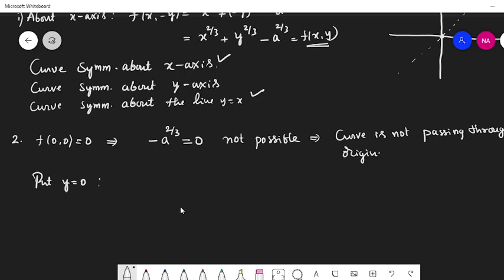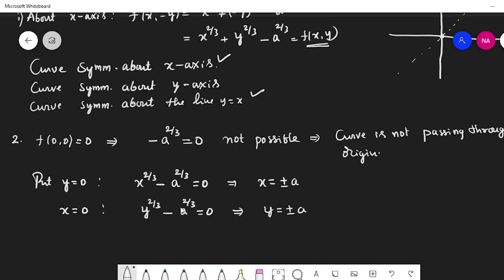If you put y equal to 0, then you get x power 2 by 3 minus a power 2 by 3 equal to 0. From that, you get x equal to plus or minus a. Similarly, if you put x equal to 0, then y power 2 by 3 minus a power 2 by 3 equal to 0, from which you get y equal to plus or minus a.